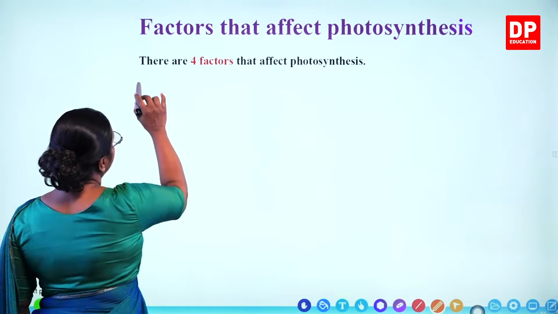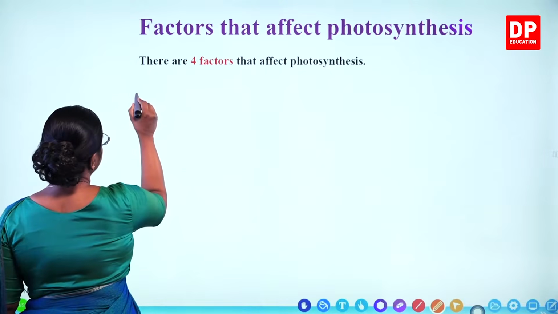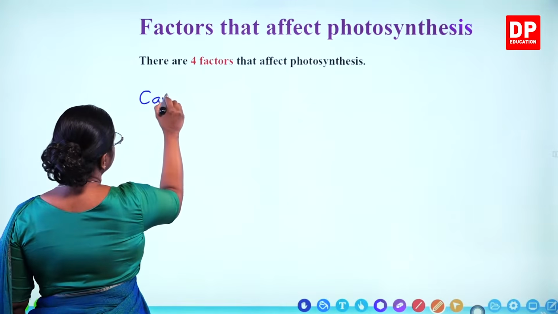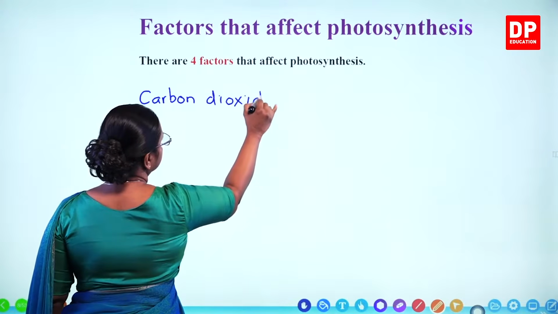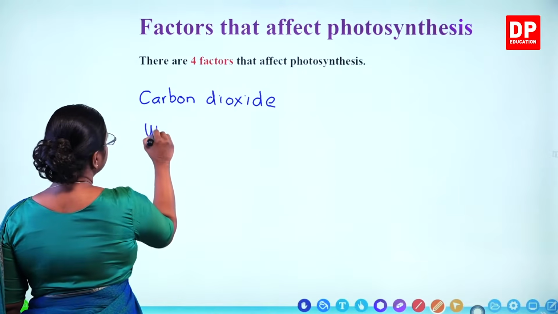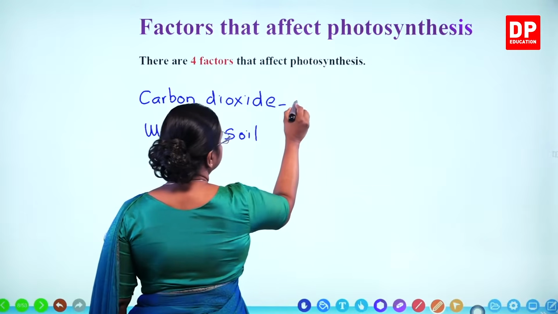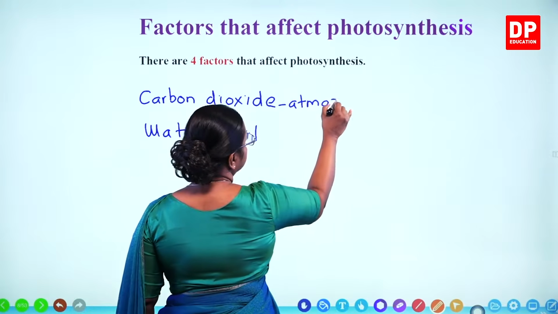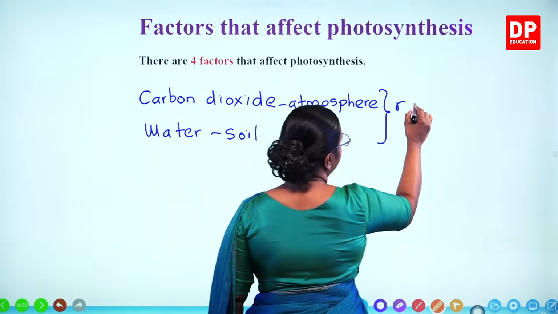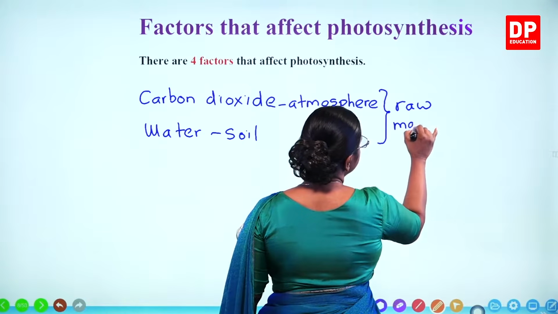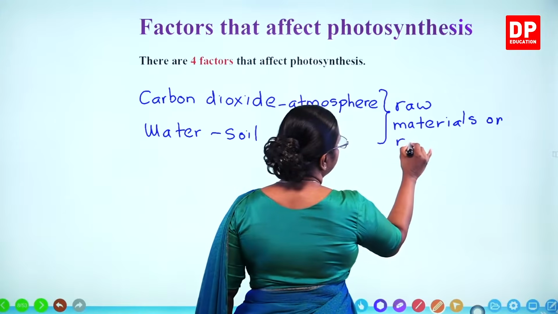So, if we write down the factors, there are 4 factors that affect photosynthesis: carbon dioxide from the atmosphere, water from soil, and these two are raw materials or reactants.